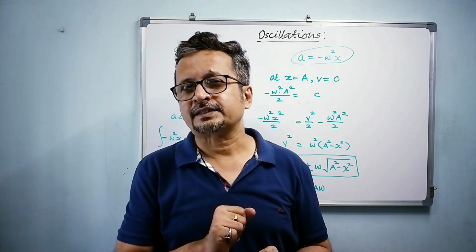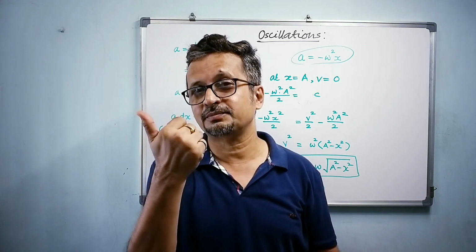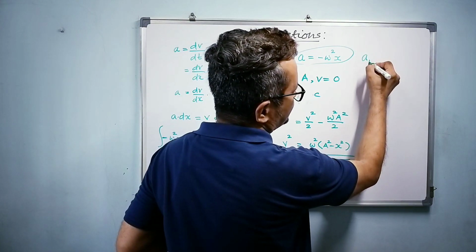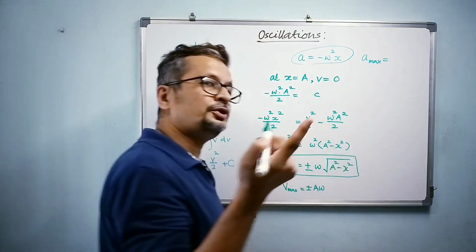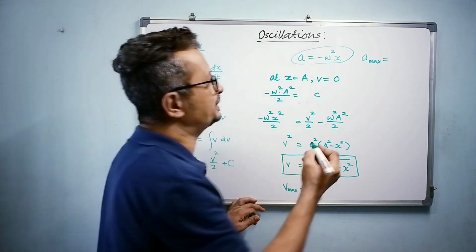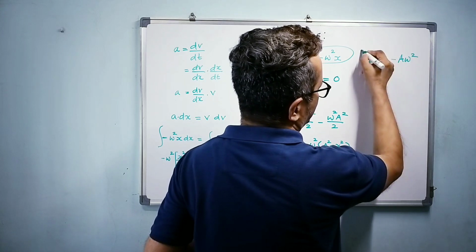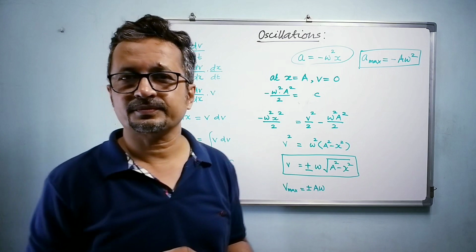What about acceleration at the extreme position? When the velocity is 0 at the extreme position, your acceleration a max is going to be equal to, you just put x is equal to capital A there, so minus a omega square, correct? This is your maximum value of acceleration.